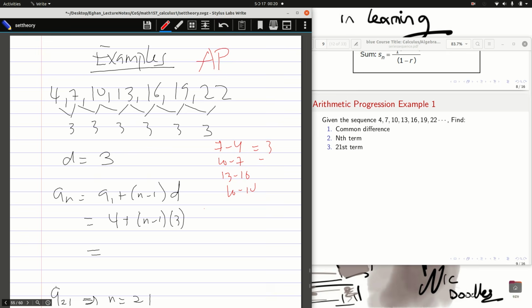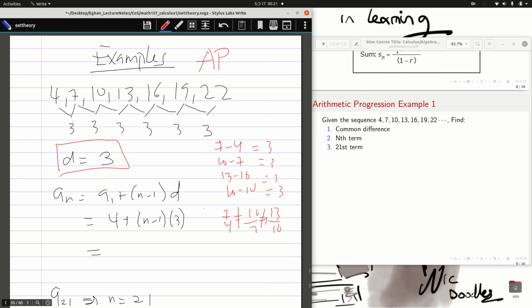All give me 3. But if I take 7 over 4, 10 over 7, 13 over 10, they are not equal. So I can't use a common ratio, and hence the common difference is 3.